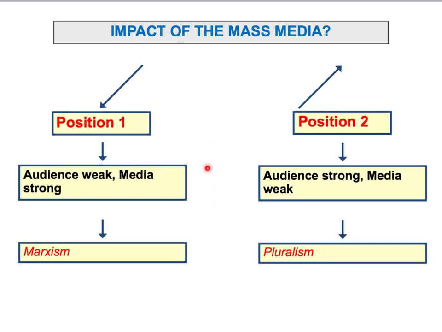So if you adopt this position, your argument is the media has a very strong controlling influence over the audience. So from this perspective, media messages work like a drug, and they're seen as having often a very direct and powerful effect on the audience's attitudes and behaviour. And as we shall see in a moment, one particular theory that adopts this position generally is the Marxist perspective.